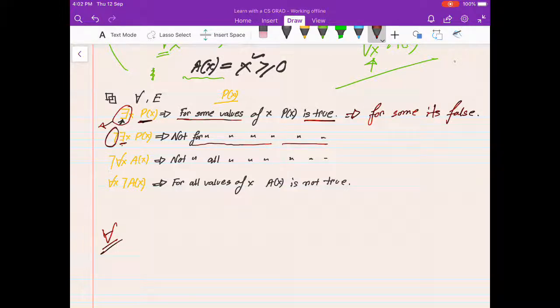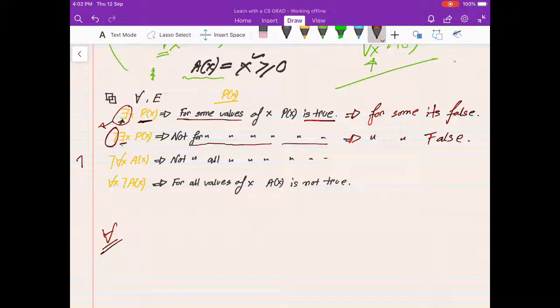However, there is a not sign before, so not for some values of x, P of x is true. That means that for some values of x, that might be false, right? So not for some values of x, P of x is true. So for some values of x, P of x is false.